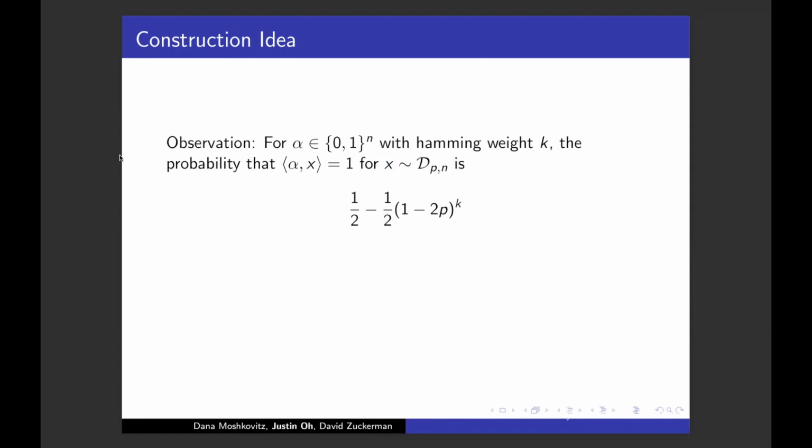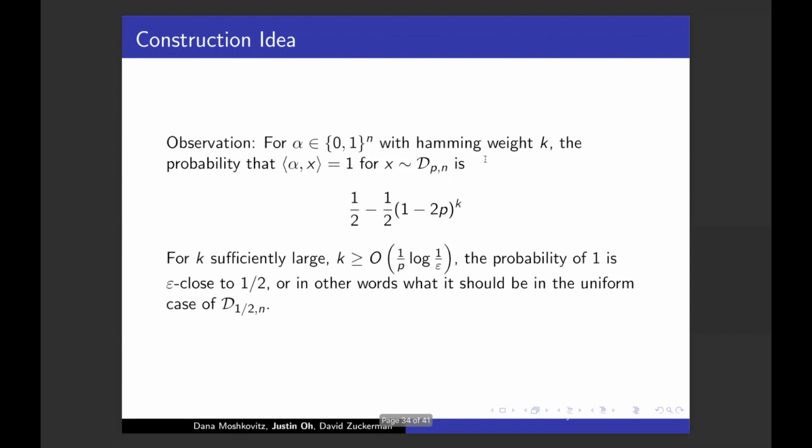What this means is that for very large k, or alphas with very large Hamming weight, this term is very close to 1/2. More specifically, if you take k at least O((1/p) log(1/epsilon)), the probability that you get 1 is epsilon close to 1/2. In other words, it's epsilon close to what it should be in the uniform case of D_{1/2,n}.